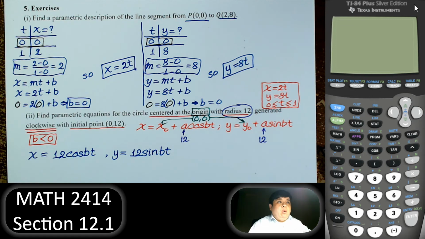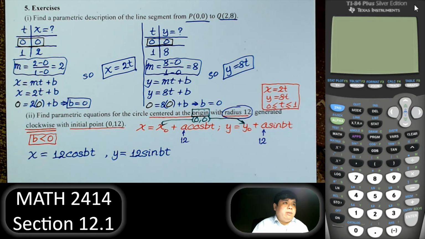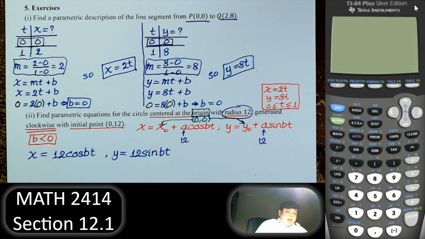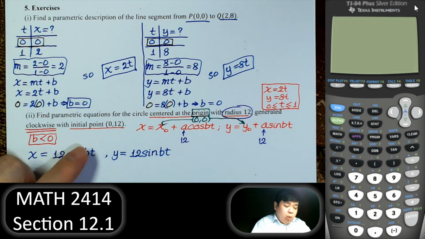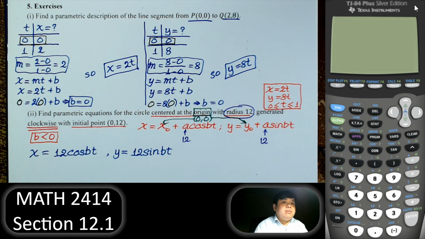Right. Now, one thing we did not know is how fast it goes. It did not tell the interval, right? But we do know that it has to start from 0 and 12.